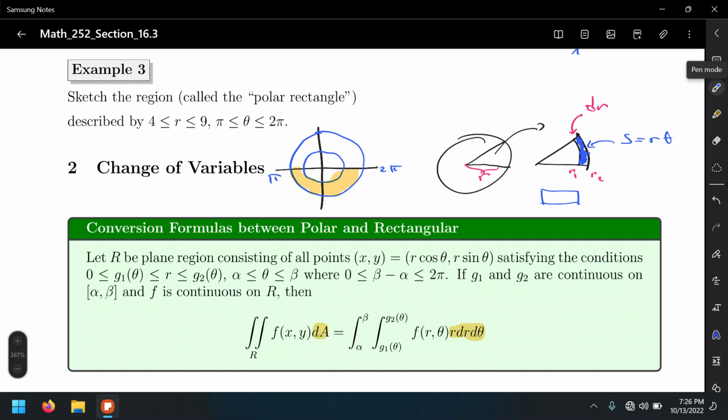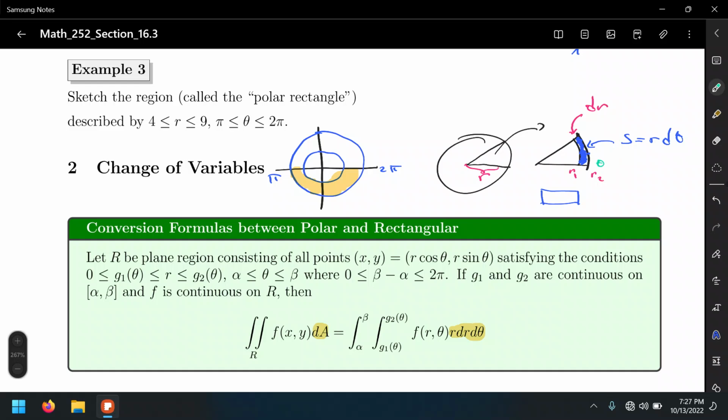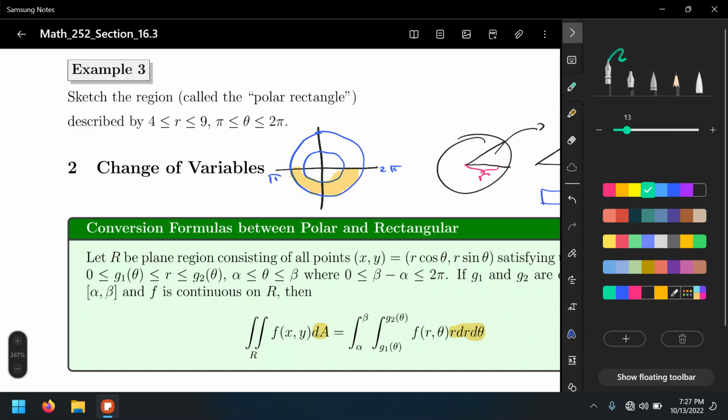Well, in this case, where is that on my notes? In this case, that's just going to be some d theta, because we're looking at an increment between some, let's call it this time, a theta 1, and let's call it a theta 2. Theta 2 minus theta 1 is just going to be some difference, right? Some d theta. And well, if we find this area, oh, that's fine.